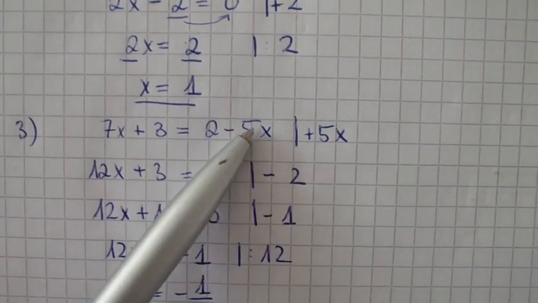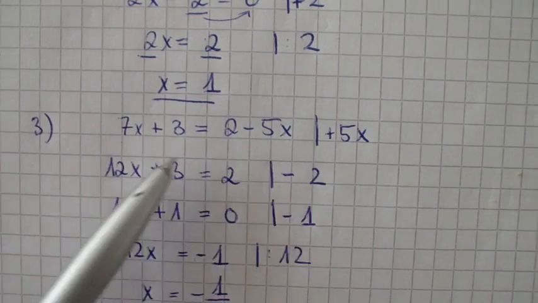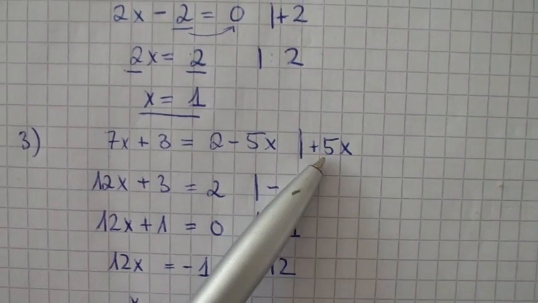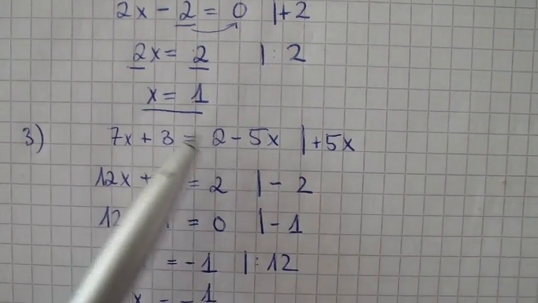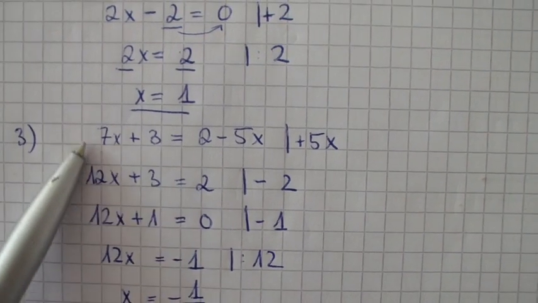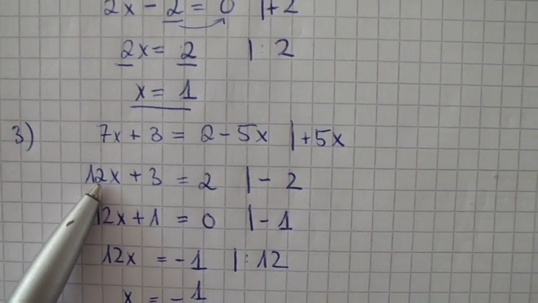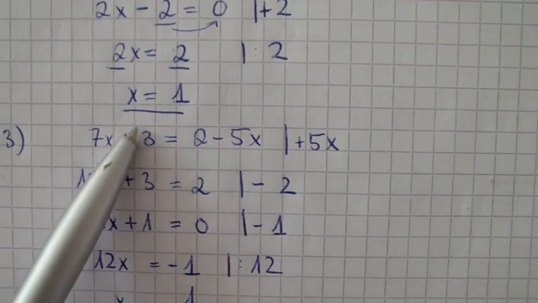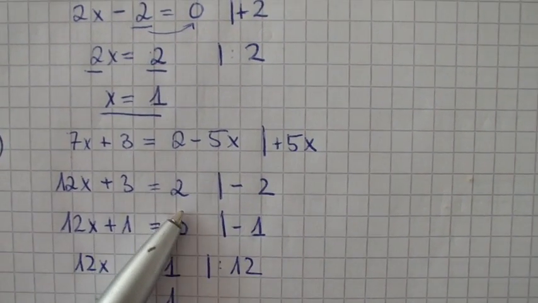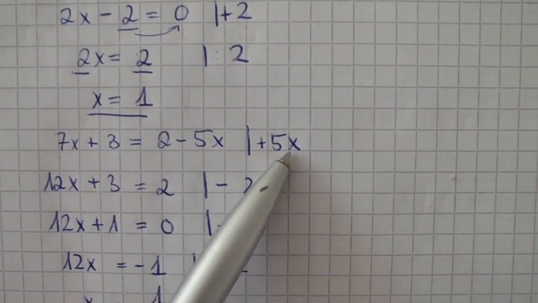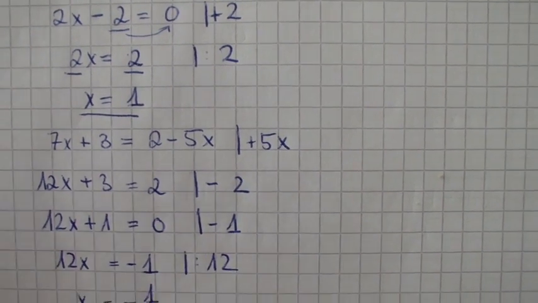So let's bring first the minus 5x to the left-hand side by adding 5x on both sides of the equation. On this side, this will give 7x plus 5x, so 12x, plus 3, we didn't change the 3, equals 2, because minus 5x plus 5x will give you 0.